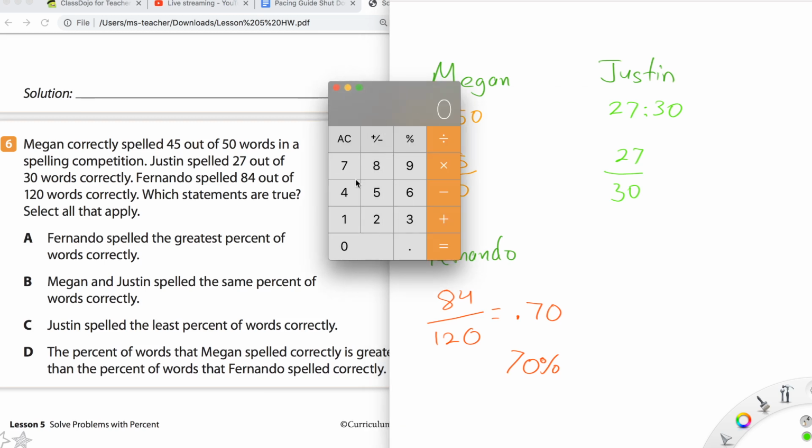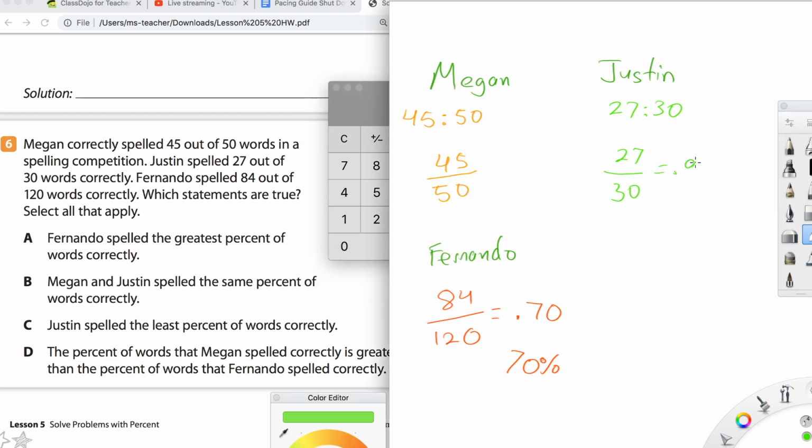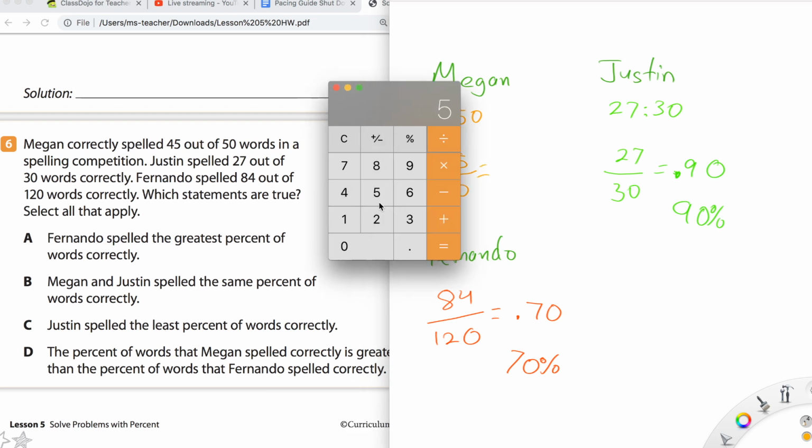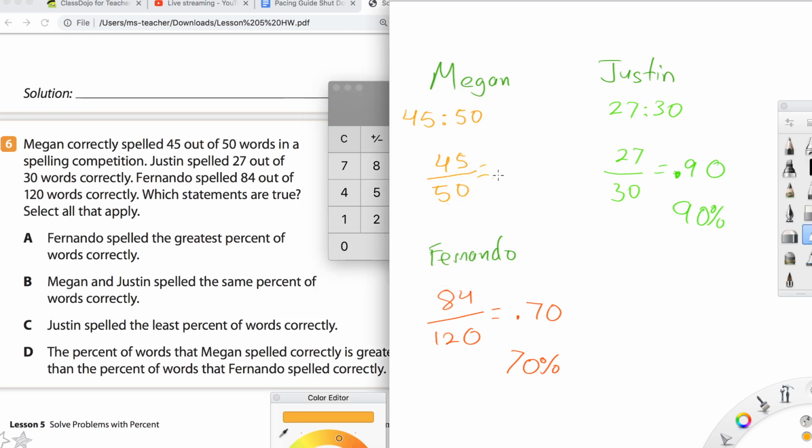So it's 27 divided by 30. It gives us 0.9, which means 0.90, which means 90%. Now let's look at our last one, 45 over 50. 45 divided by 50 gives us 0.90, which means 90%.